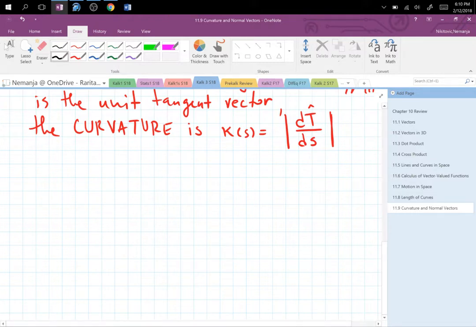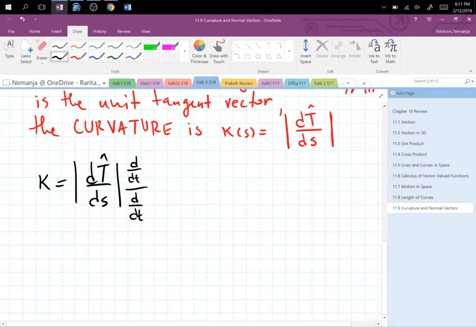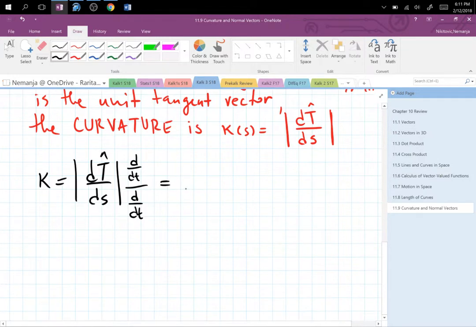So we have k equals dT/ds, and then what we do is we involve the derivative. This step is not shown in the book, but that's okay, which gives us dT/dt divided by ds/dt.